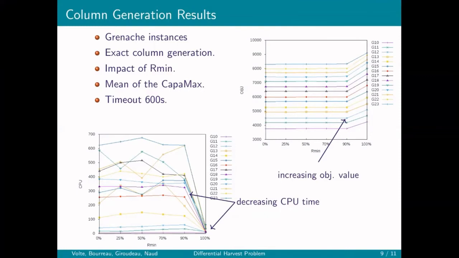This is because the directions are fixed, and you cannot choose the smallest distance between two rows to harvest the vineyard efficiently. And for the CPU time, this is the opposite. Now you have fixed all the directions between the rows, the CPU time decreases a lot, and the solution becomes trivial.